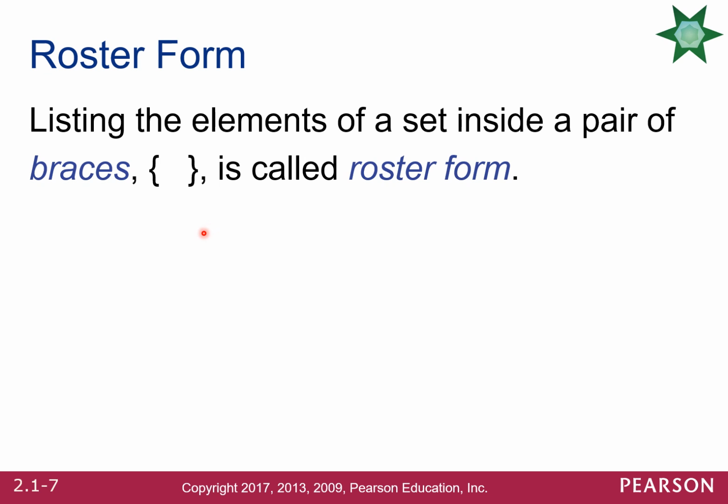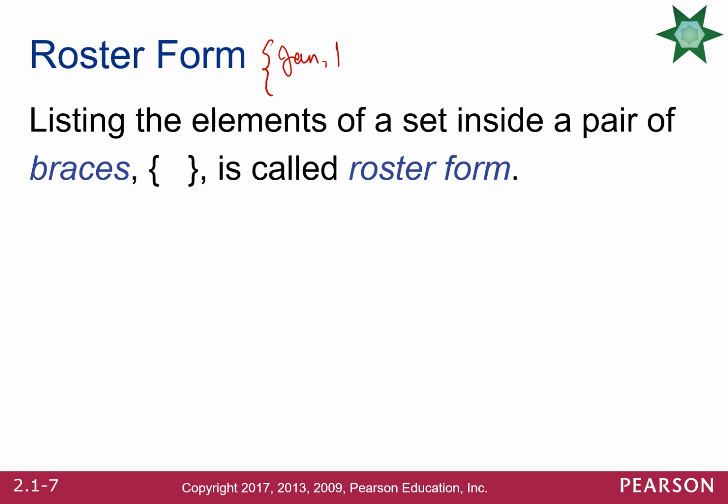of our set. So for the previous example where we said the set of the months of the year, which we expressed in description form, we could also express the same in roster form by using these braces, but inside the braces we would have to list all the months of the year.